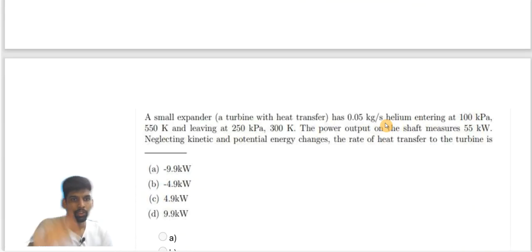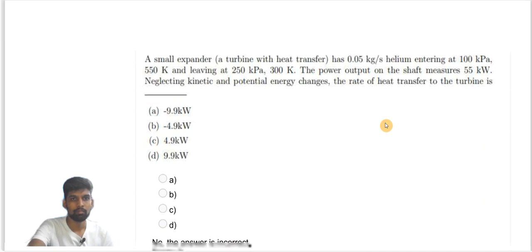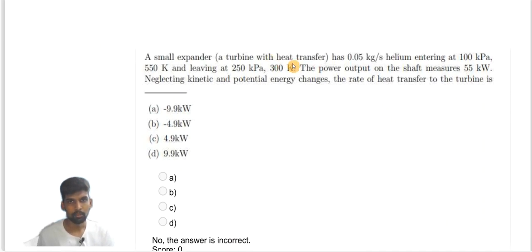Question number 6, that is a small expander, a turbine with heat transfer. Okay, a small device is given with working fluid helium, and mass flow rate is given as 0.05 kg per second.